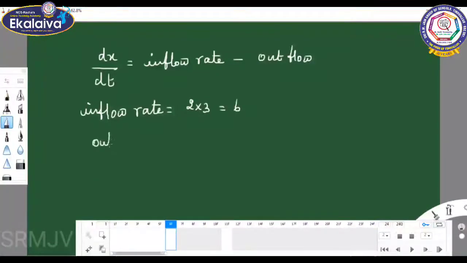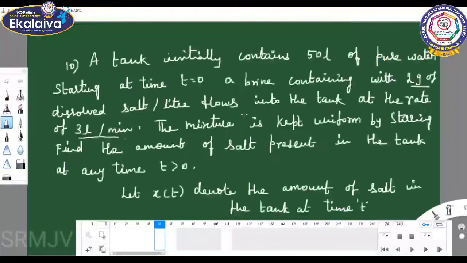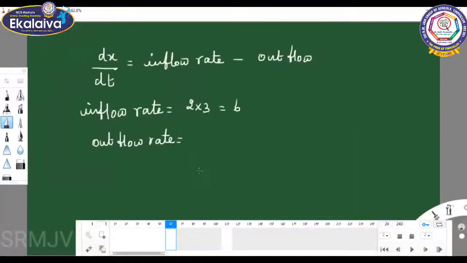Outflow rate equal to, see here, 50 liters. Total how many liters of water is there? 50 liters of water, 3 liter of water is going out. So 3 by 50 into x.